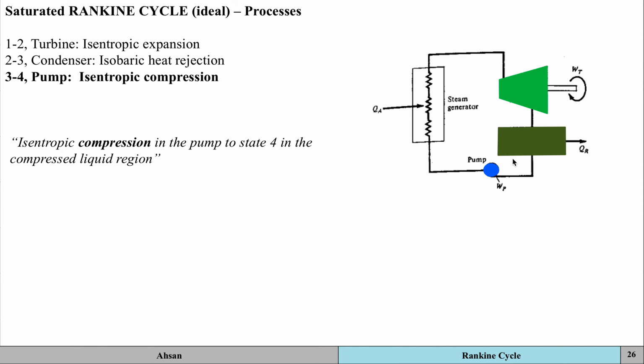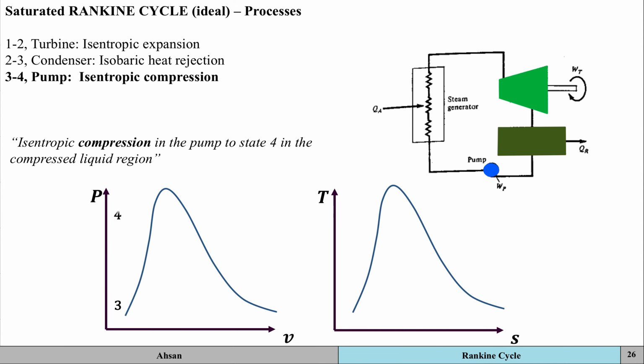Then for the pump, process 3 to 4, you've got adiabatic compression taking place by the pump of the saturated liquid at the condenser pressure. What's that going to look like? So you've got 1 to 2 and 2 to 3, and then 3 to 4. What's happening is that you've got an isentropic compression taking place now. Okay, and at state 3, what did you have? You had saturated liquid.